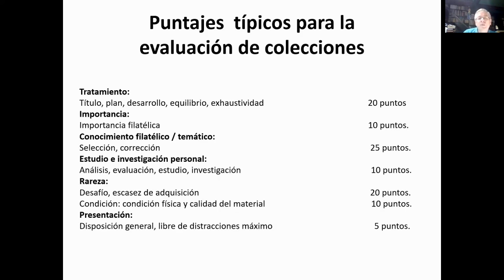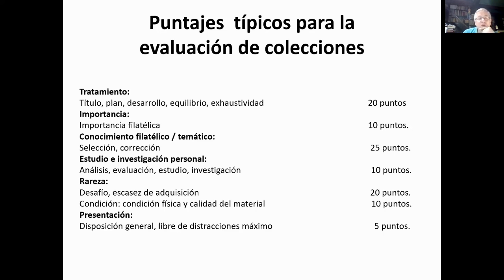Next. Now, all of you are familiar with the point scores and how the judges evaluate the exhibits: the treatment, the importance, the subject philatelic knowledge, and so on. You're all very familiar with those categories.